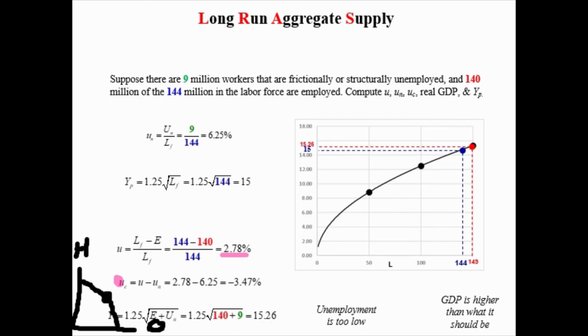So now unemployment is too low, and GDP is higher than it should be if we were on the PPF. So we're at a point out here, beyond the PPF. We're beyond potential GDP. Okay?